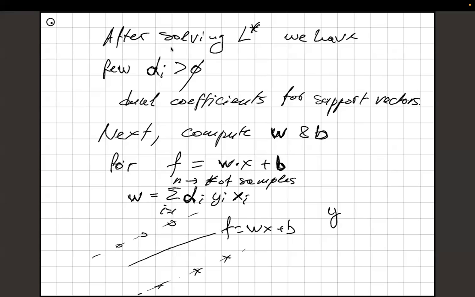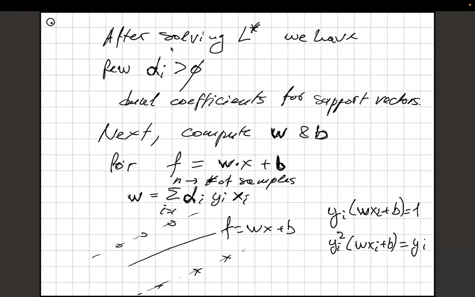It's part of your conditions: y i (w x i plus b) equals 1. So what you can do, you can multiply both the left-hand side and the right-hand side by y. And then you get the following: y i squared (w x i plus b) equals y i.